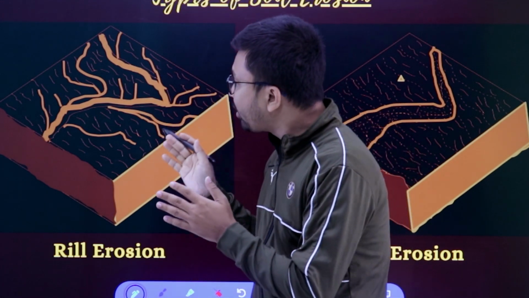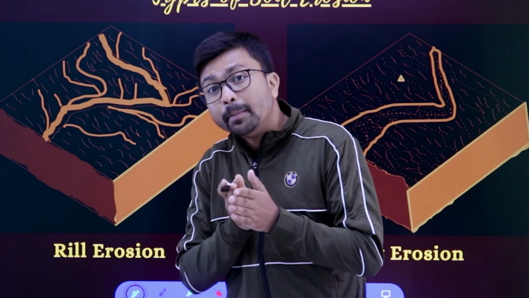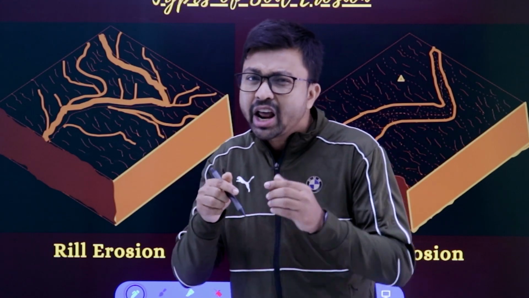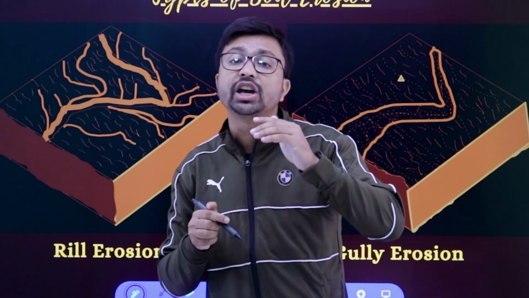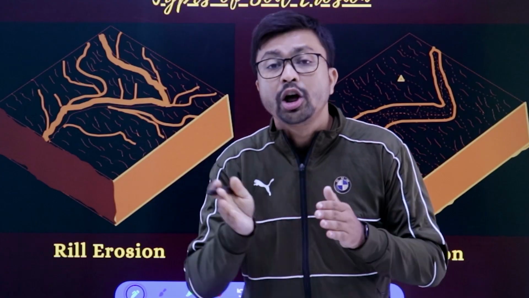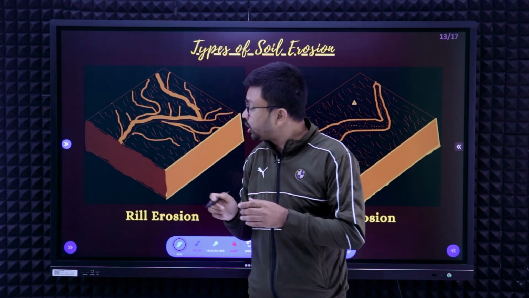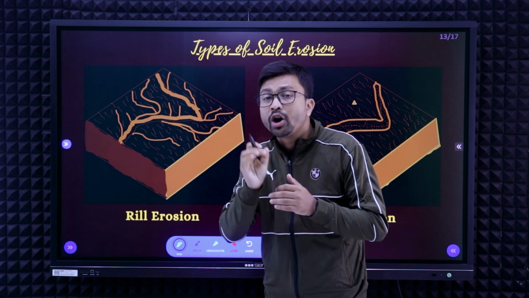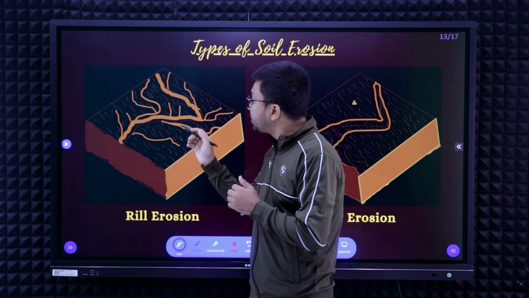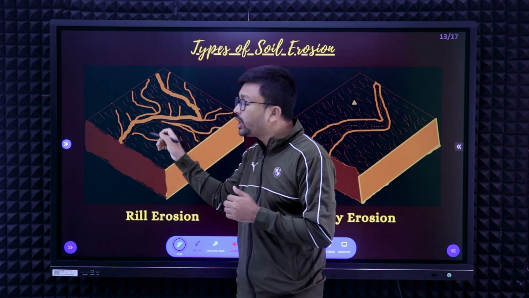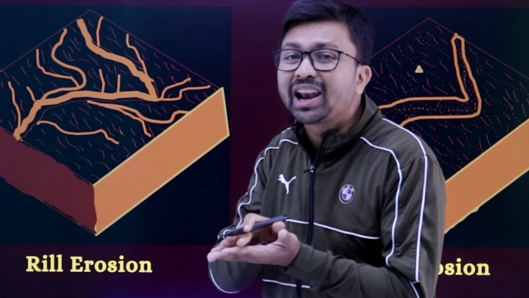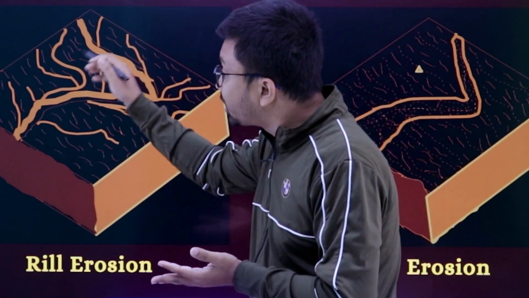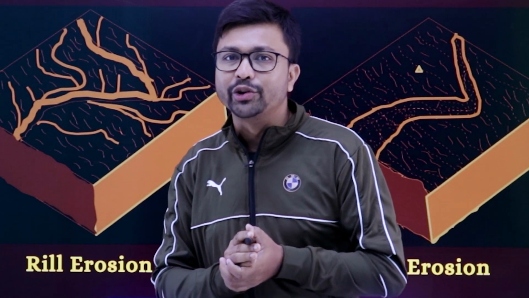So after rain, the water makes its own path, and according to the inclination of the land, the water passes. When water passes, it makes narrow cut marks on the land, and then the water slowly passes through the finger-like cut structure. That is called rill erosion.